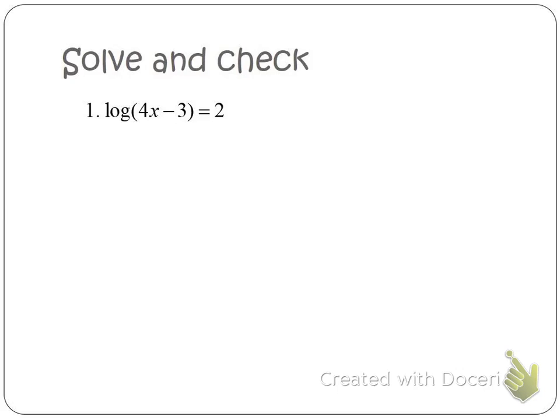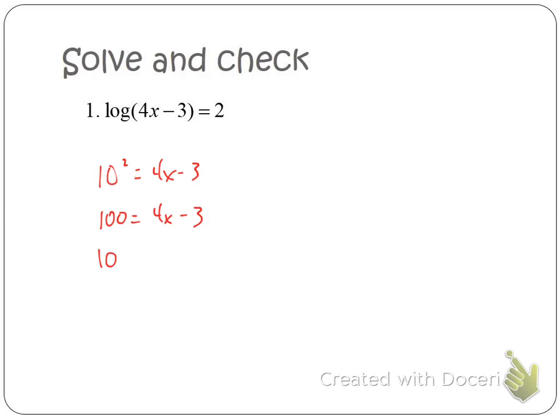Now, same thing goes for logarithmic equations. If we cannot or do not have the same logarithm base on both sides of the equal sign, then we just switch it to exponential, right? If we do have the same log bases on both sides, we just drop them. Right, so for example here, we do not have log base 10 on the right side of the equal sign, so we've got to switch this to exponential form. So base stays base, the base of that log is 10, so you get 10 squared equals 4x minus 3. 10 squared, of course, is 100.